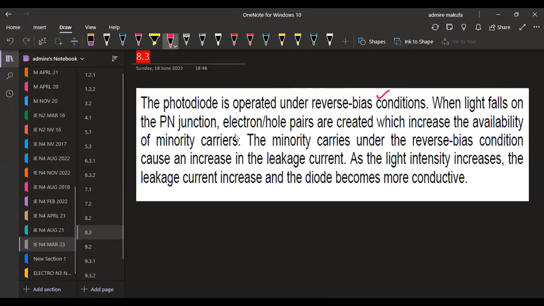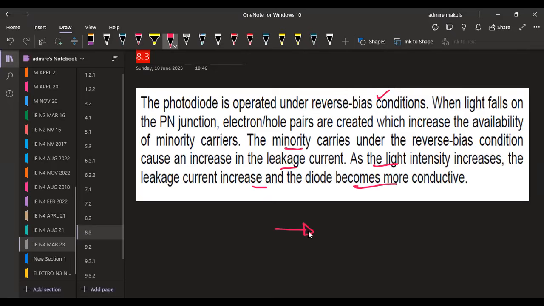When light falls on the PN junction, electron-hole pairs are created, which increase the availability of minority carriers. The minority carriers under reverse bias condition cause an increase in the leakage current as light intensity increases. That is, the leakage current increases and the diode becomes more conductive. So that is what we have on a photodiode.